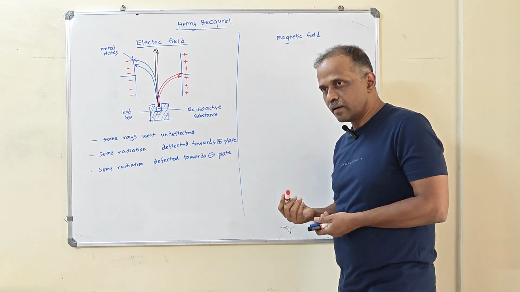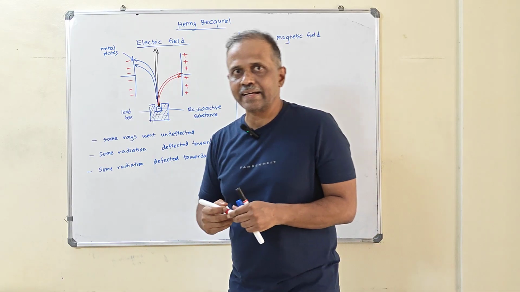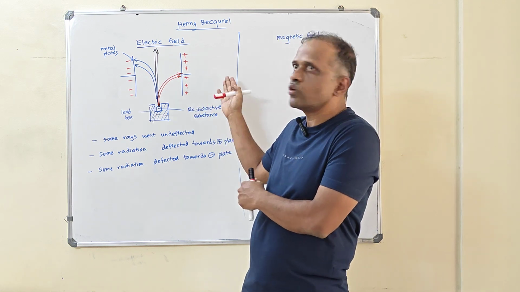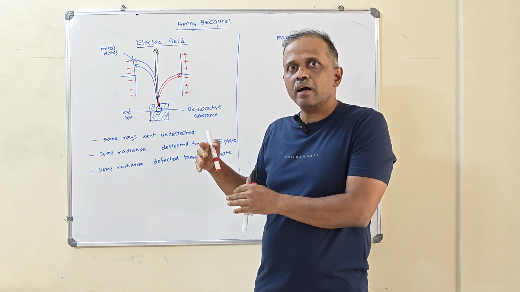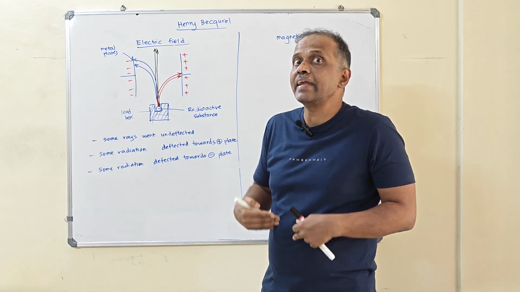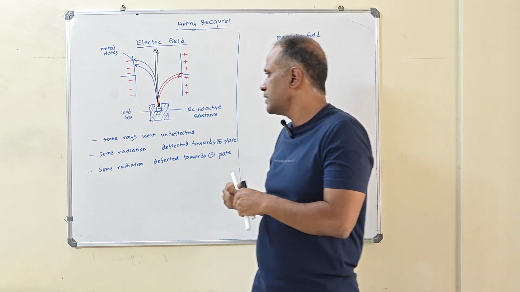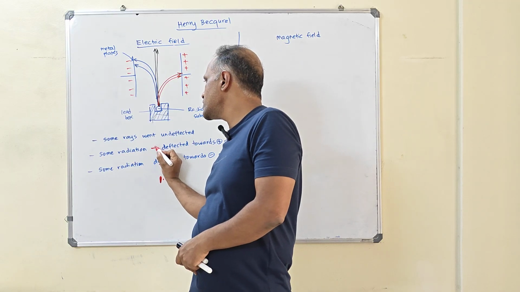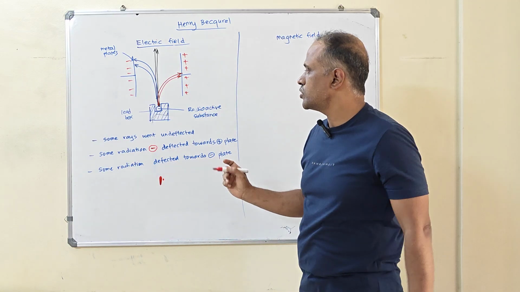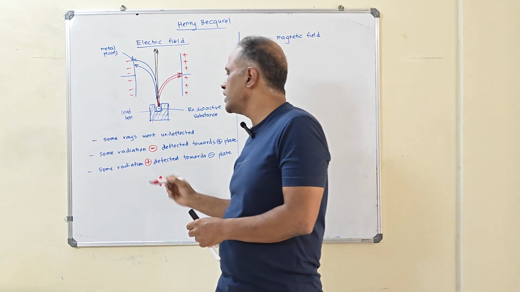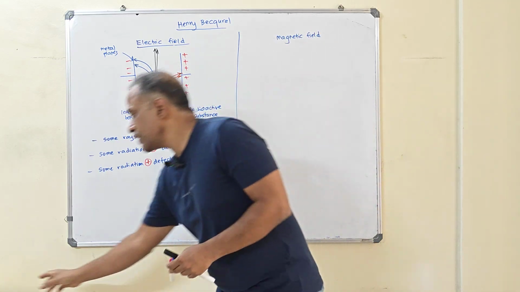Now you know that opposite charges attract each other. So the radiations which were deflected towards the positive plate had a negative charge. That is correct. Some radiations were negative, so they were deflected towards the positive plate, and some radiations were positive, so they were deflected towards the negative plate.